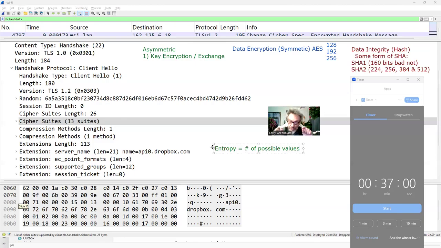We typically, though, in computers, measure it in bits. If I have 1 bit of entropy, it's either 0 or 1. If I have 2 bits, it could be 00, 01, 10, or 11.